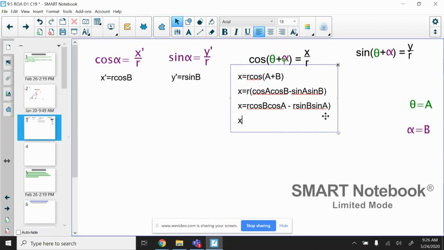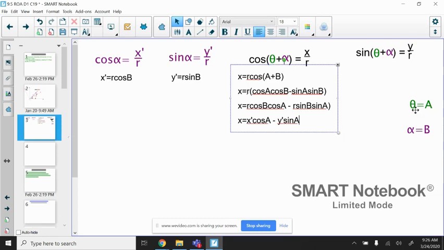So x is equal to, I'm going to replace r cosine of b with x prime. And I'm still left with this cosine of a minus, I'm going to replace r sine of b with y prime. And I'm still left with this sine of a.